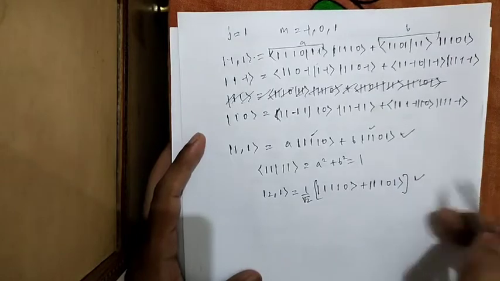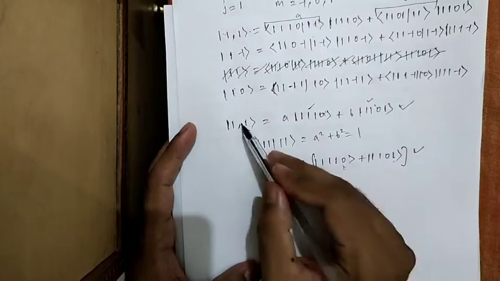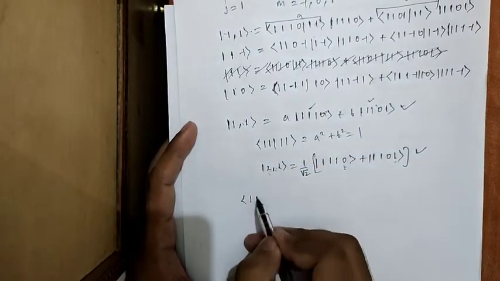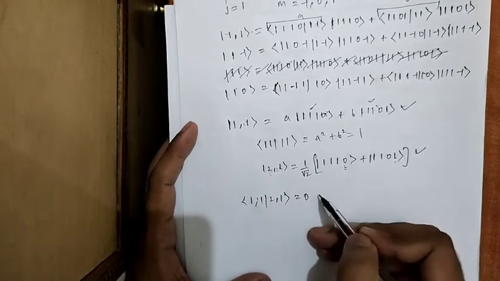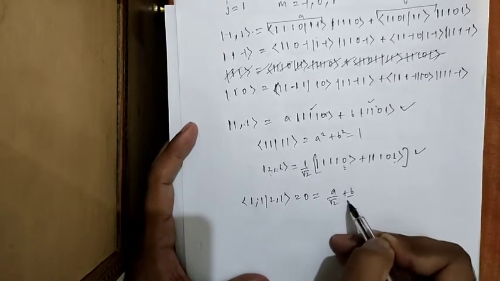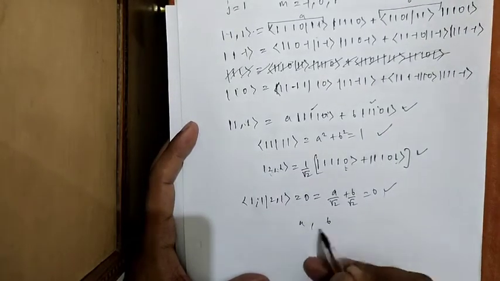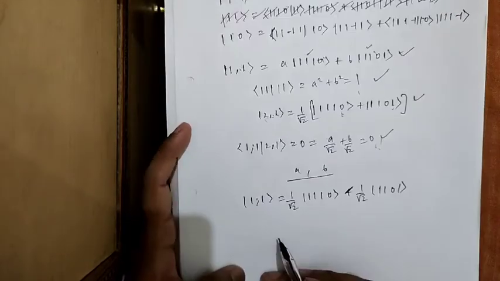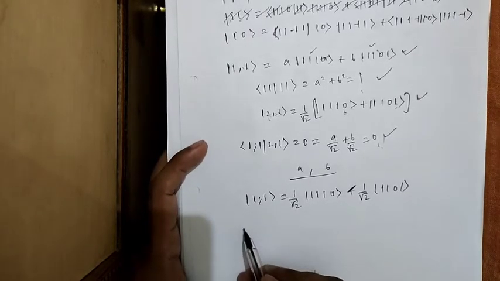So it can easily be seen that these eigenkets are normalized, but the total eigenkets are not. So for 1 1 and 2 1, the orthogonalization equals a by root 2 plus b by root 2 equals 1, and from here, when we find the values of a and b from these two equations, it is easy to operate the j minus operator.